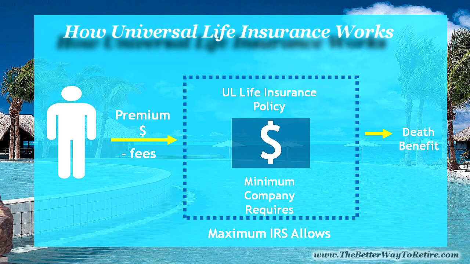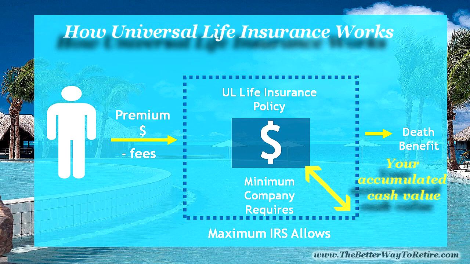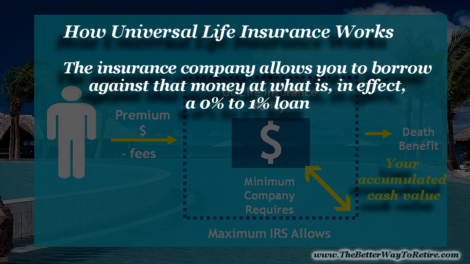The difference between the small blue box and the larger dotted box is your accumulated cash value in the policy. If you withdrew any of that money, it would be taxed as ordinary income. However, the life insurance company allows you to borrow against that money at what is, in effect, a 0 to 1% loan.